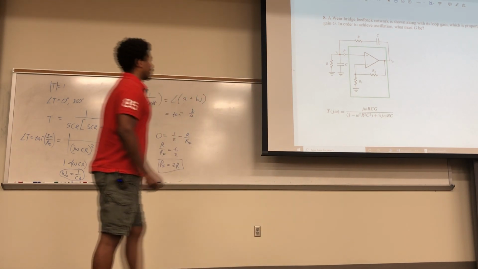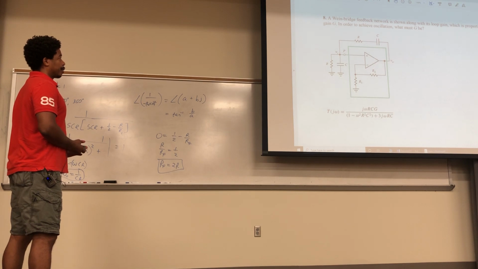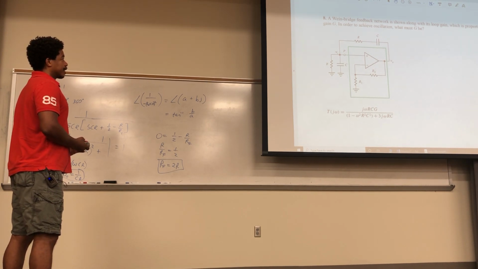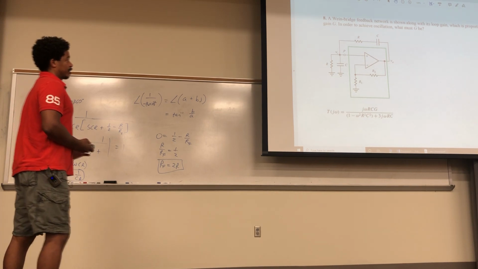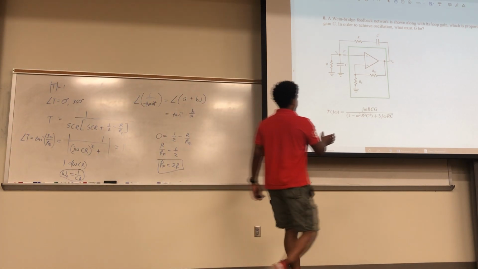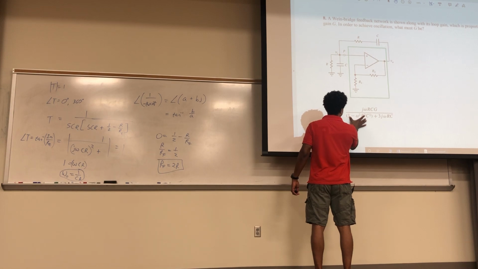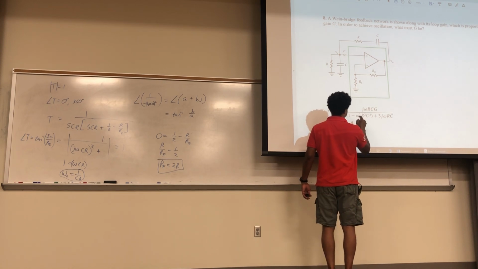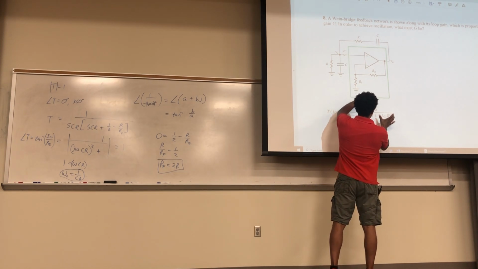So learning from our last T, which is kind of similar to this one, we know this right here needs to be set to 0. That's going to determine what the frequency is, but it's not asking for the frequency of oscillation. This right here must be set to 1.